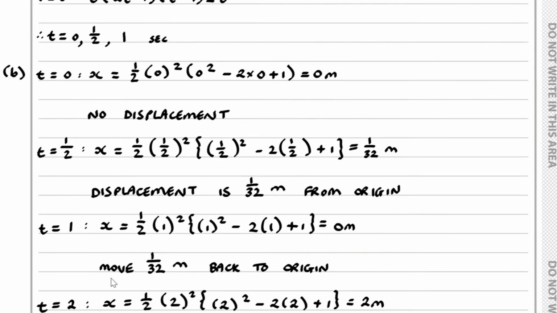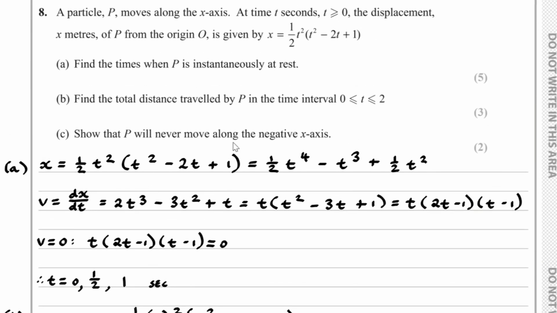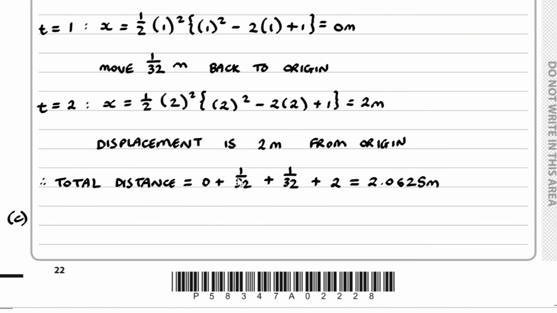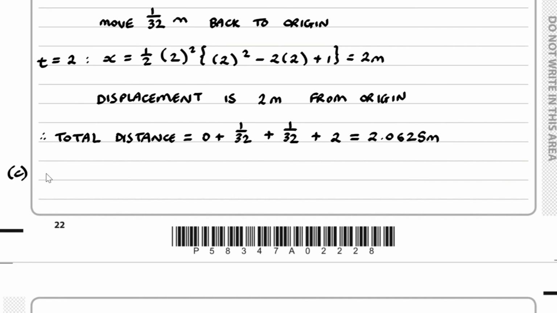And then for part C, we have to show that P will never move along the negative x-axis. Well, so far, we've got x, which is equal to 1/2 times t squared times t squared minus 2t plus 1. And I can rewrite this as a perfect square.